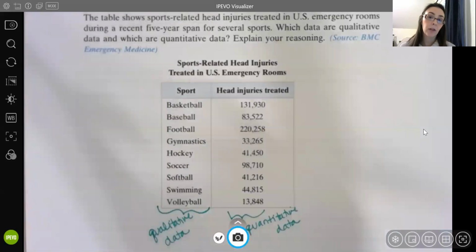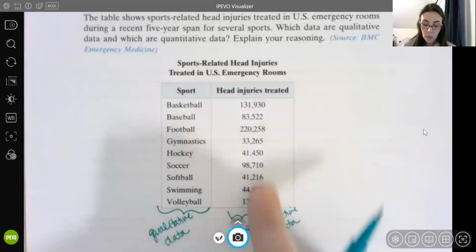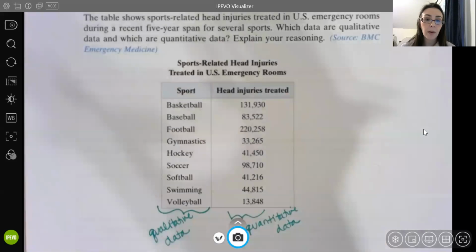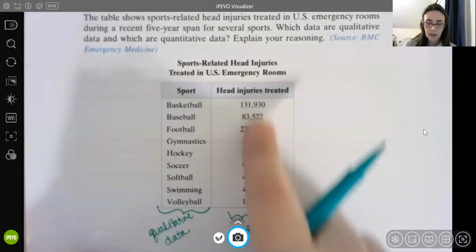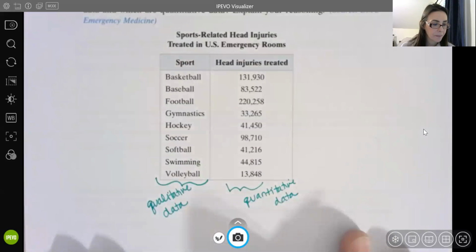We could find the average number of head injuries for these sports. We could find the one that had the most, right? So 220,000 here. We could subtract the values or add them up to find the total number of head injuries. So it actually makes sense to work with the numbers. So that's actually part of quantitative data as well. Not only are they numbers, but it actually makes sense to work with the numbers mathematically. So here we have two examples of our different kinds of data.